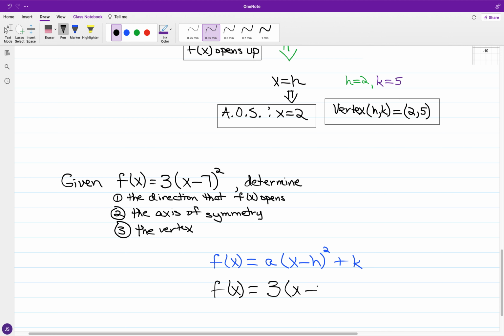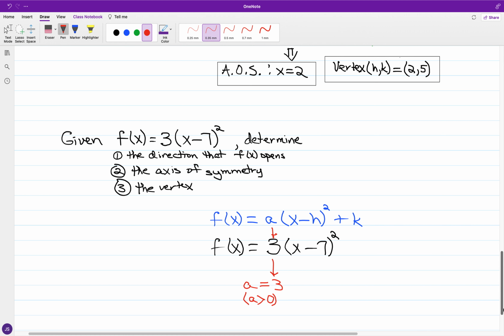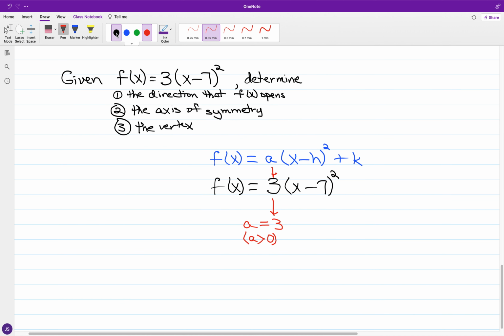So for the value a, the leading coefficient, that is 3. And again, we have that 3 is a positive value. And once again, we're going to have the graph of this function open upward.